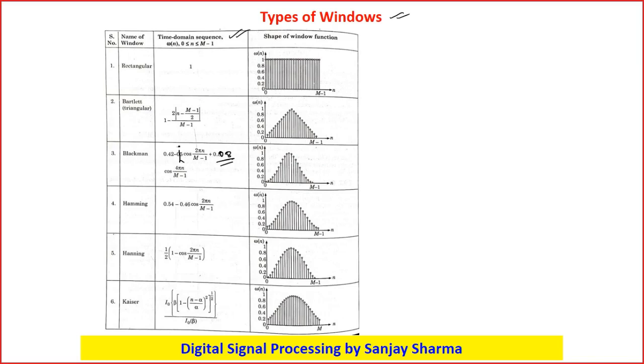Secondly, apart from the rectangular window, all the other windows are used to have a specific effect on the frequency response of the filters. So what is that? Can anyone tell me?